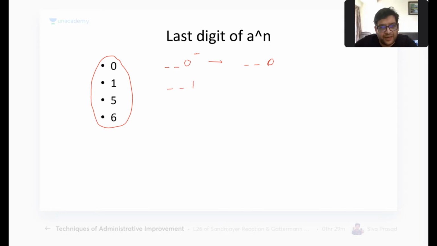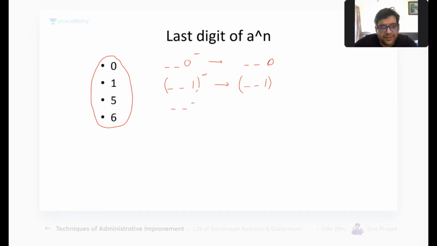Very similarly, if you have a number which is ending in 1, it doesn't matter which power is given over there. Whichever power you provide, the answer will still be with a digit ending in 1, so you don't really need to do anything.